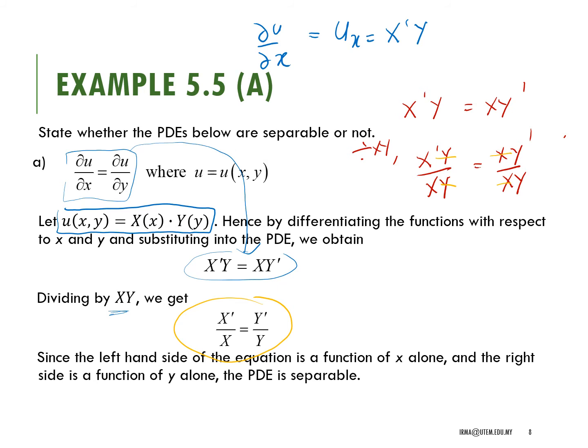One is in terms of x and the other side in terms of y. So the PDE is separable. This is how to show whether the PDE is separable or not. You need to show that the variables can be separated.